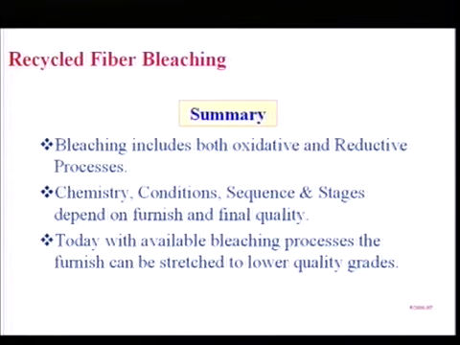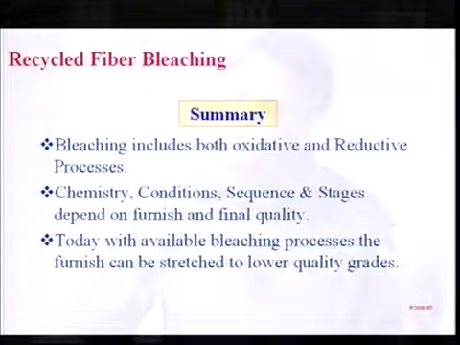The chemistry, conditions and sequences and the stages depend upon what is the furnish you are starting with, what is the target brightness you need. Are you starting with news magazine or are you starting with mixed office waste? Do you need 58 brightness or do you need 85 brightness? So, depending upon that, you employ brightening chemical or decolorization chemical.